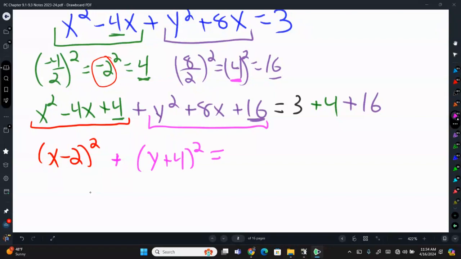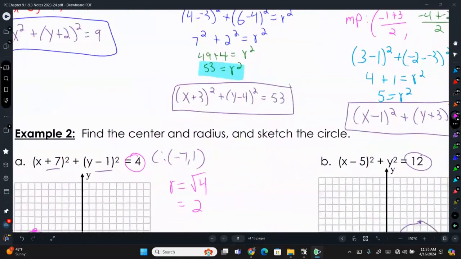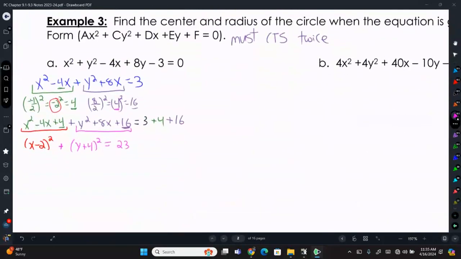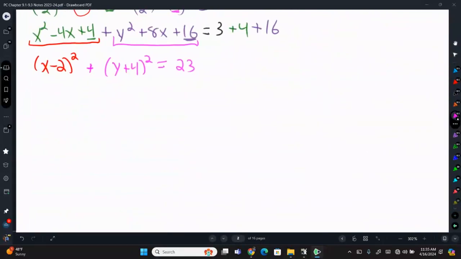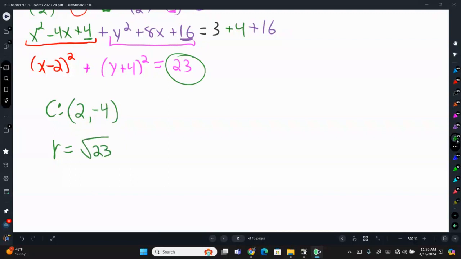Equals 3 plus 4 plus 16 is 23. So now this looks like the problems up here where we could identify the center and the radius from that equation. So our center, again, is going to be the opposite of what you see, so positive 2 comma negative 4. And the radius is the square root of this number, so square root of 23. And you can't simplify that, so that's as far as it goes.